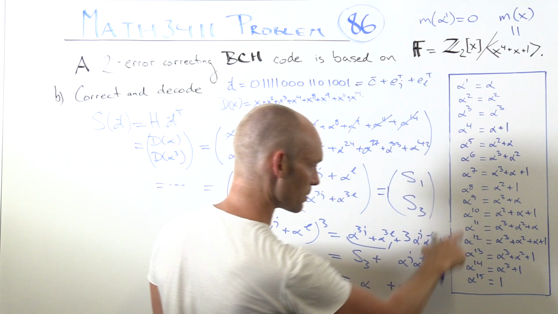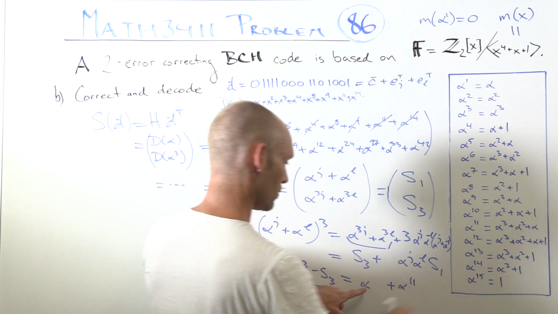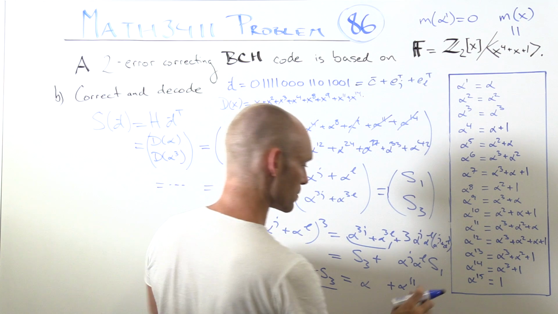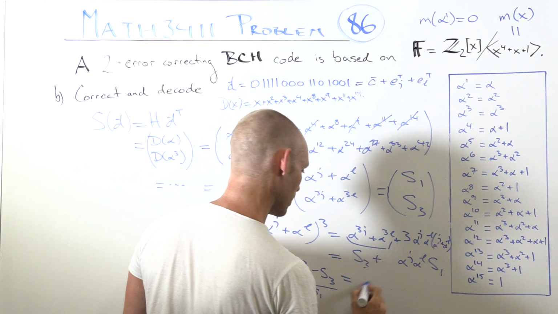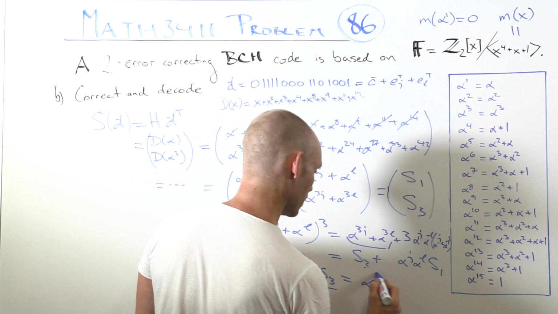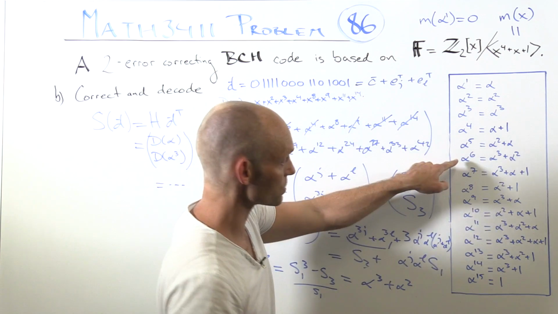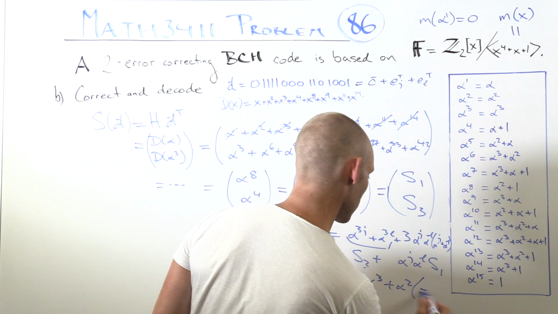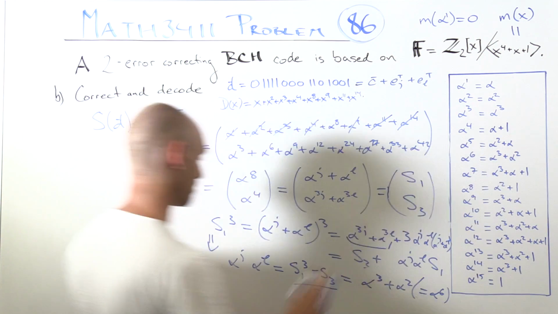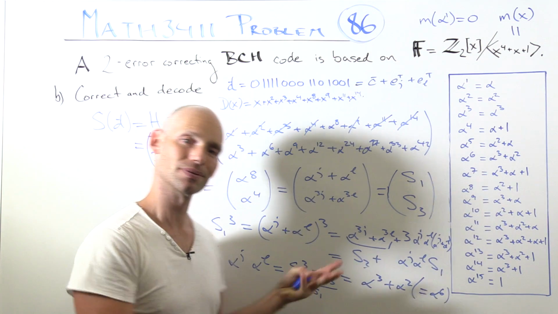Alpha to the power of 11 is this expression here, which if you add alpha, gives you alpha cubed plus alpha squared. And if you look, that's equal to alpha to the power of 6. Okay, I had promised to tell you.